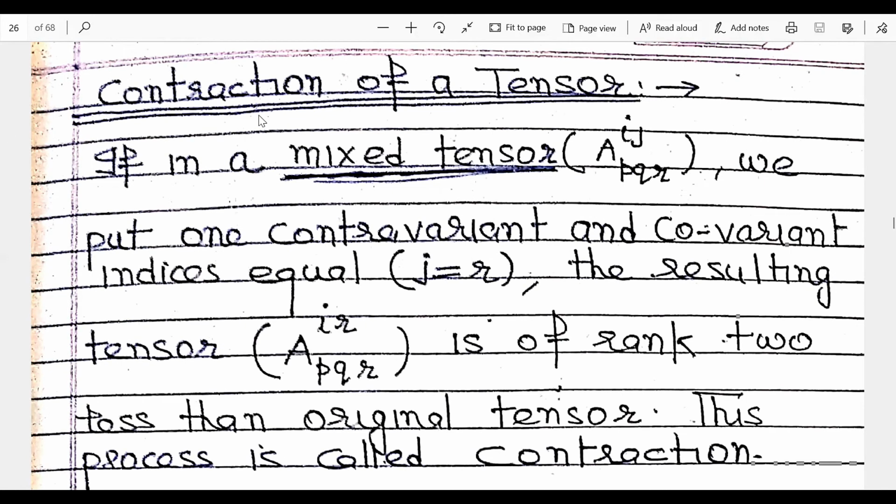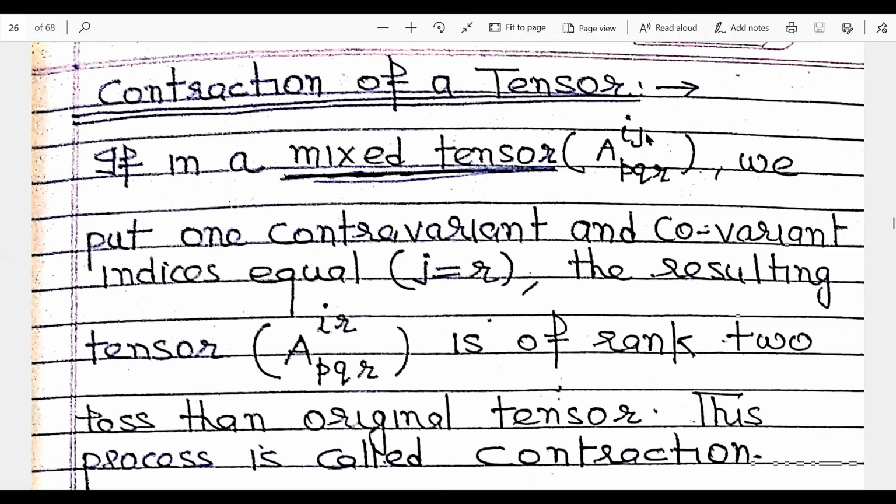Contraction. What is contraction of a tensor? If in a mixed tensor, A^{ij}_{pqr}, we put one contravariant and one covariant index equal. Now, these are contravariant indices, these are covariant indices.